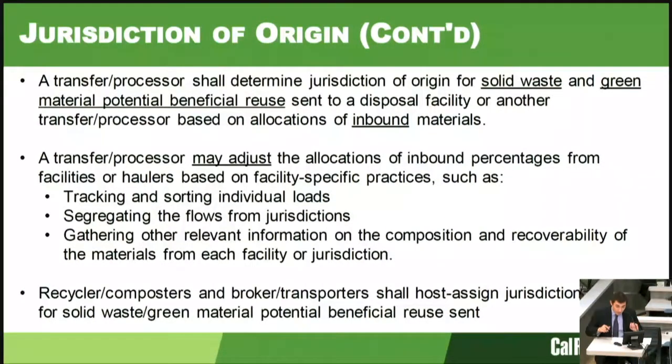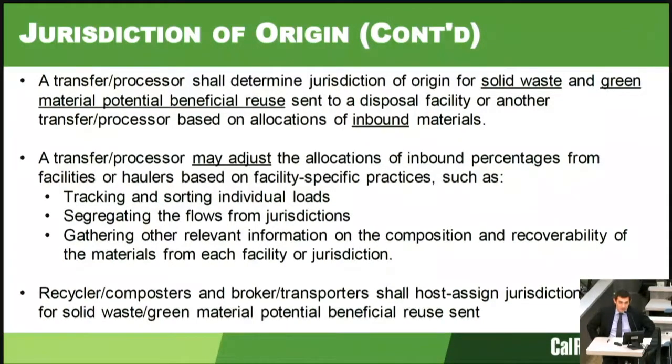But you can amend that and change them around, as we alluded to in the transfer processor allocation slide, based on facility-specific practices such as tracking and sorting individual loads, segregating the flows from jurisdictions, and gathering other relevant information on the composition and recoverability of the materials from each facility or jurisdiction.